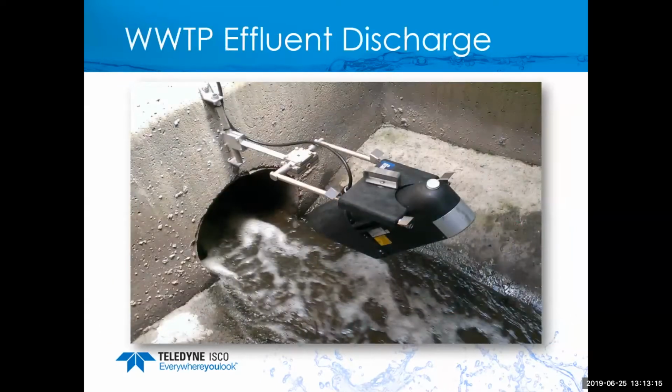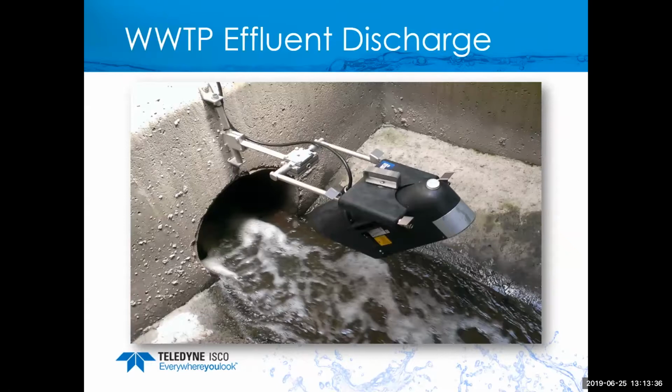This is a wastewater effluent discharge. You'll notice there on the wall, the way that bracket is mounted, there's just two bolts that hold that bracket to it. The laser has a built-in accelerometer like your cell phone, so it knows its XY axis, or the pitch and roll. When you install, you know exactly how you're positioned.